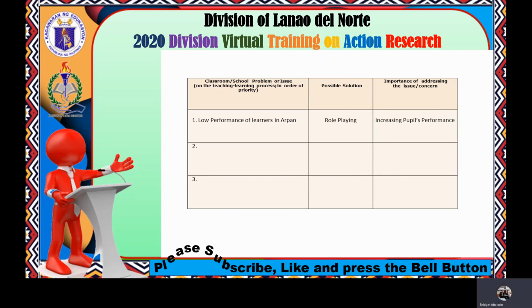Even me, when I started my first action research last 2018, maybe it's 2018, I recalled the learnings that I had during my undergrad and graduate studies, since it had been a long time. I recalled, okay, that is quantitative, that is qualitative. Okay, this is how to conduct research. I had just forgotten.